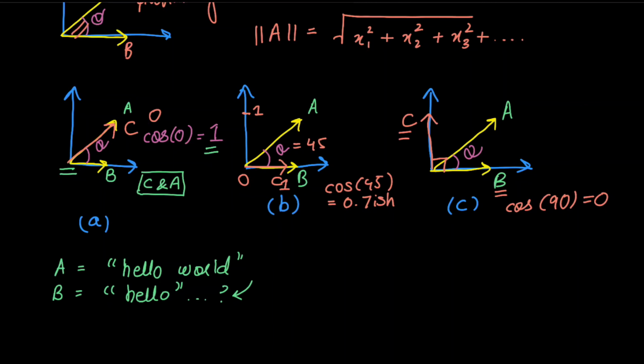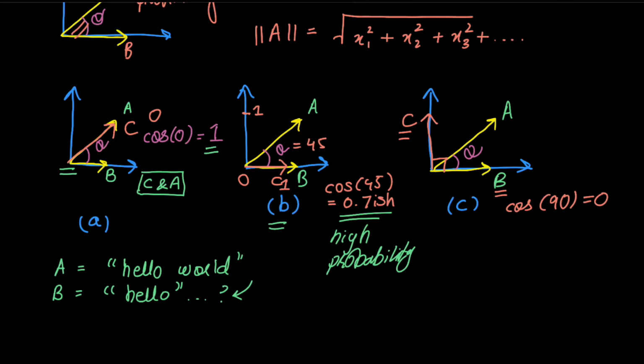Now, in example B, we have 0.7-ish, a number that we get from our cosine similarity, our cos of theta, which just means that there is a high probability that this is the vector that you need.